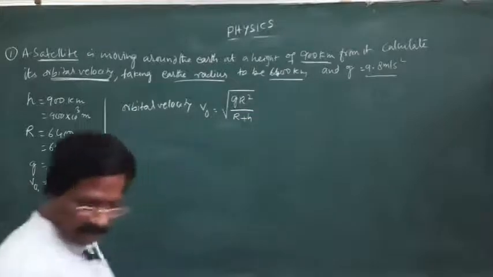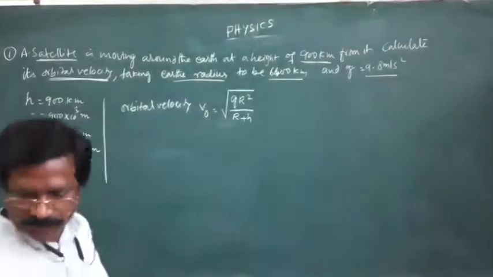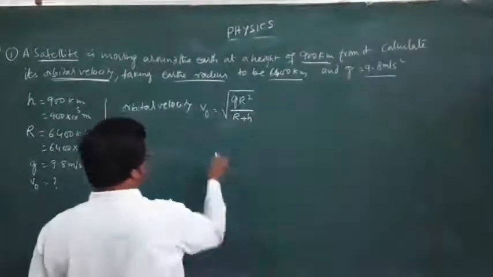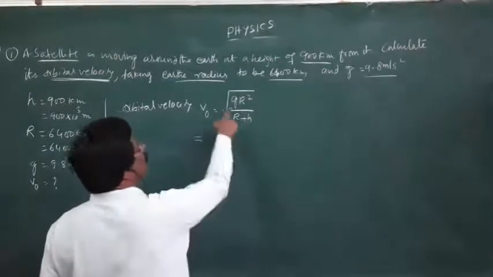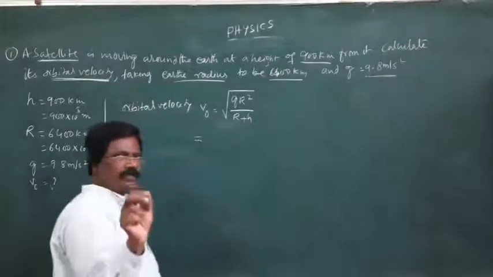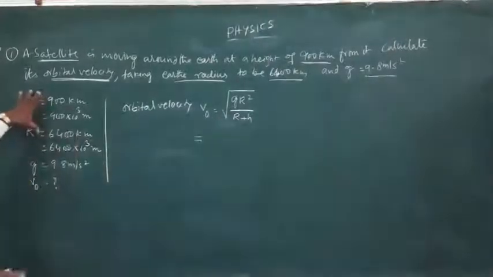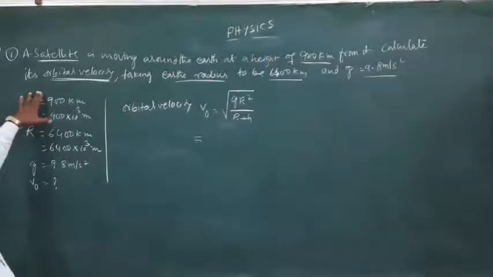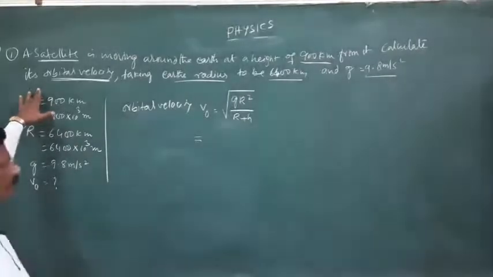Now g is known, R is known, h is also known. Just substitute the values in the given equation and, using your calculator, simplify it. You will get the answer for this question.